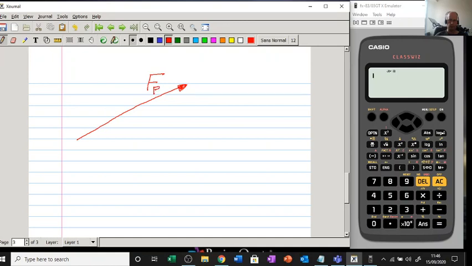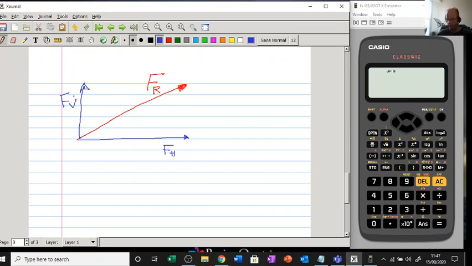It's the resultant force. Now that force is a resultant of this force here, which I'll say F horizontal. It's also a resultant of that force there. I'll call that F vertical.